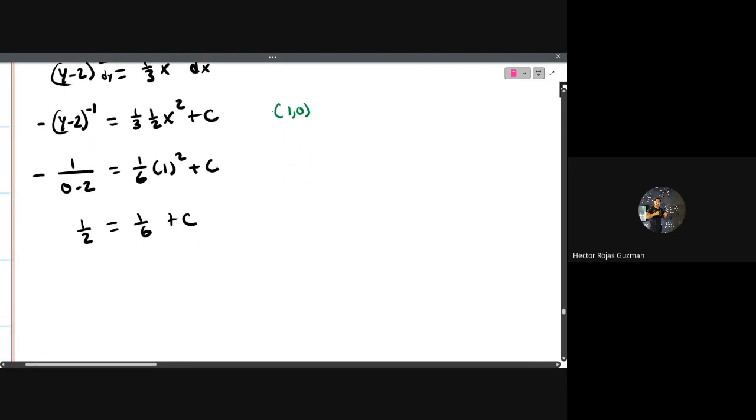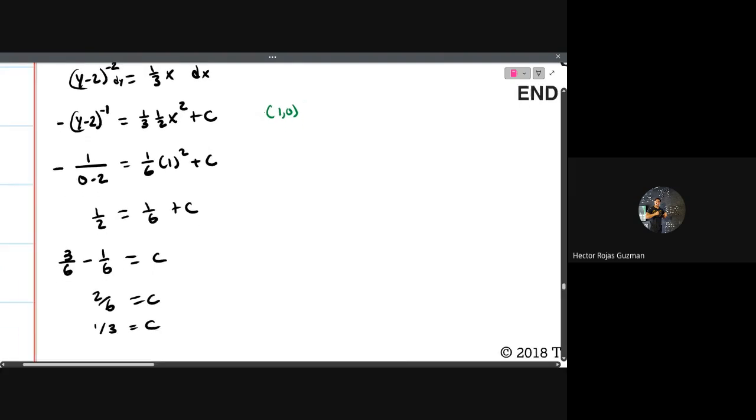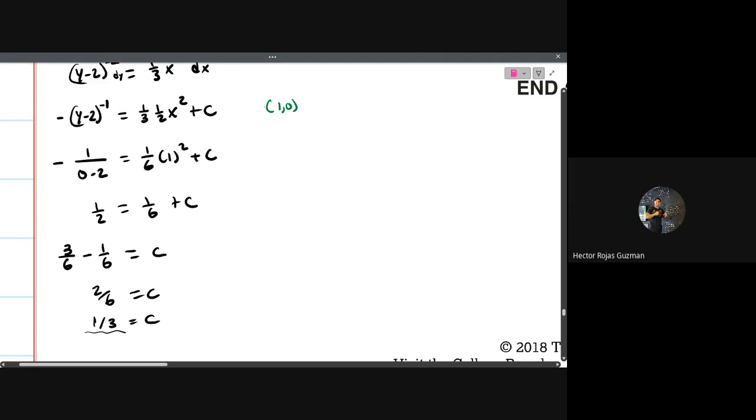And let's do two things. One, let's get a common denominator for the 1/2 so that it matches the 1/6, and subtract the 1/6 from both sides. This is going to give us 2 over 6, which is 1/3. That's your c.